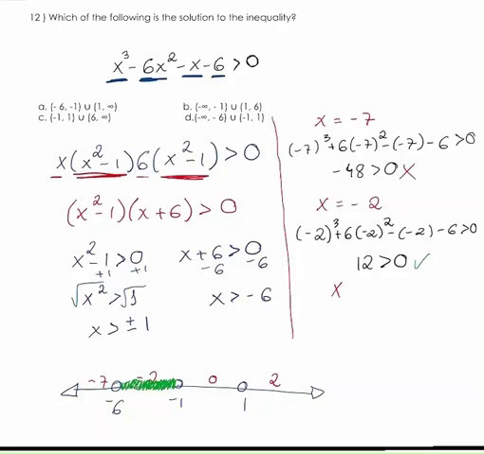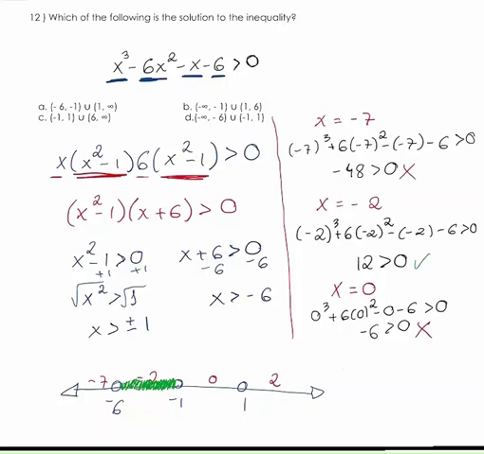Let's test 0 as x. If we plug 0 back into our inequality, we can see that the result is negative 6 bigger than 0. That's a false statement, so that means that the interval negative 1 to 1 is not in our answer.